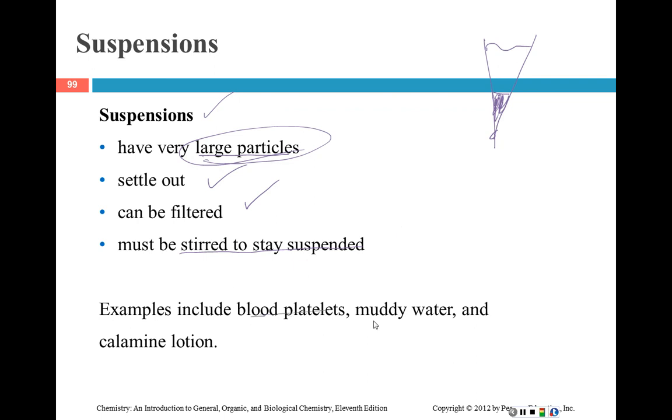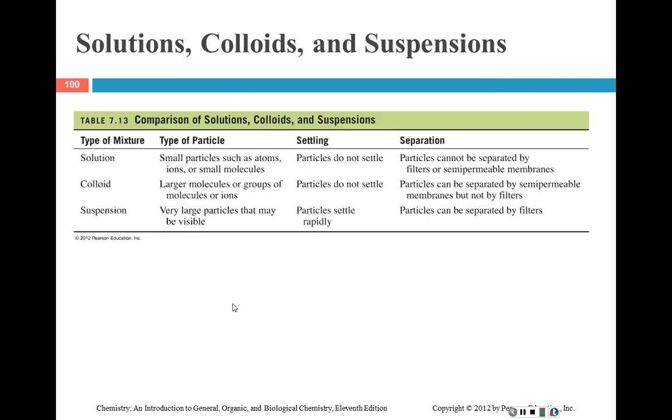Examples: blood platelets, muddy water, calamine lotion, if you've ever seen that, to put on for poison ivy and things like that. So, comparing these: with a solution, the particles don't settle. They cannot be separated by filtering or by a semi-permeable membrane, and they have small particles. Colloids have larger particles.